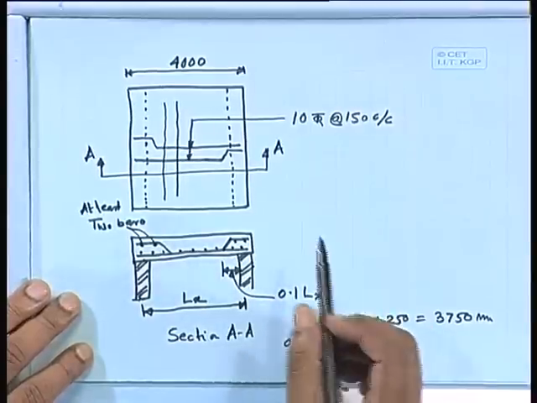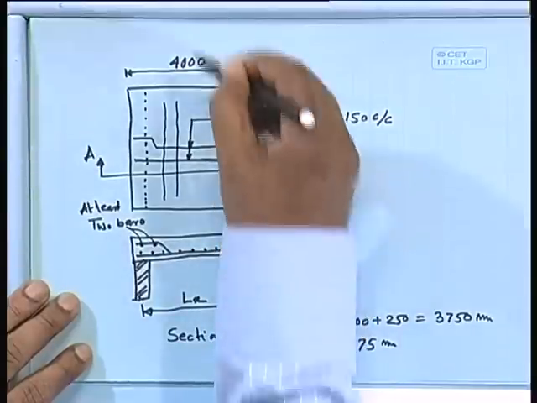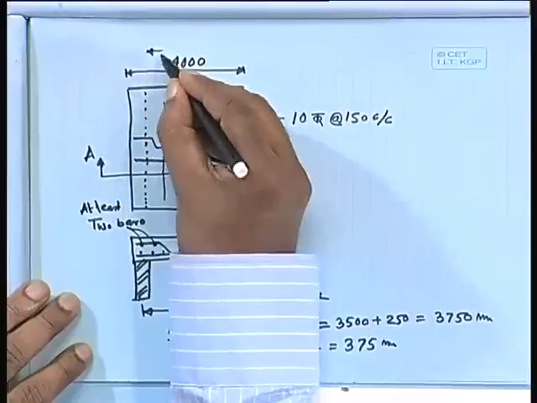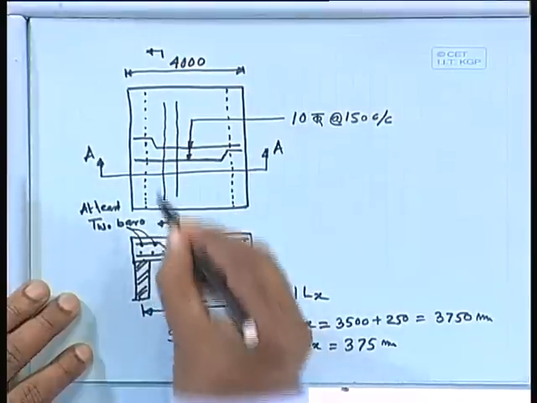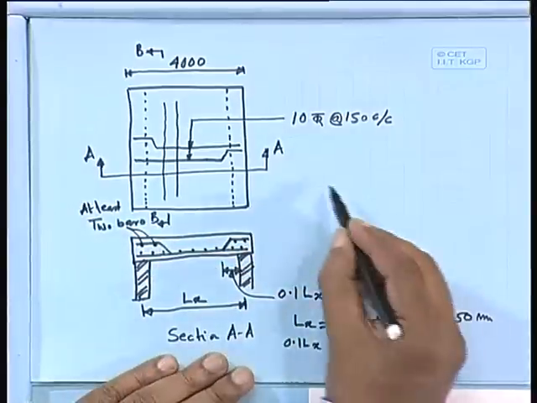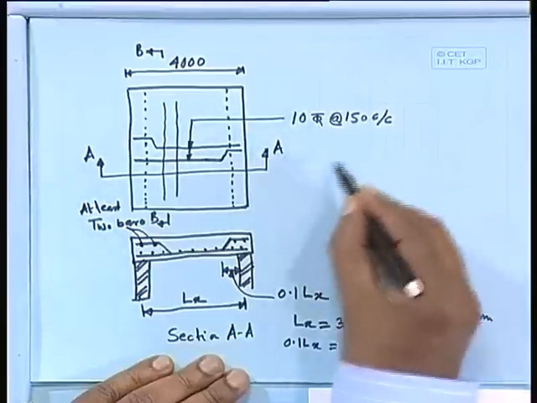Now, what about the other side? That means I can take another section, that is BB, and which we can provide here, though it is not a good choice. So, generally we provide somewhere here.